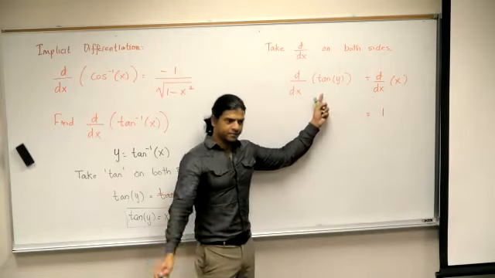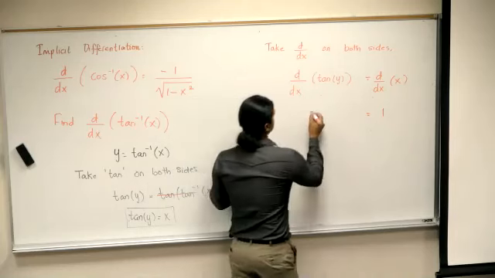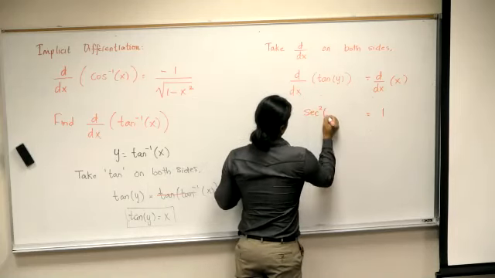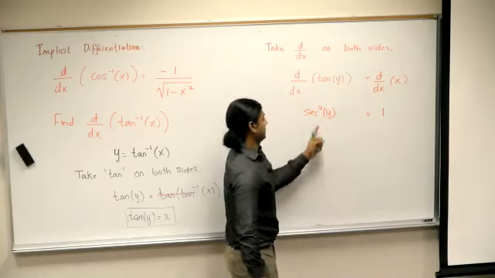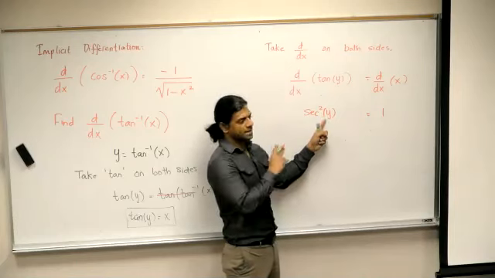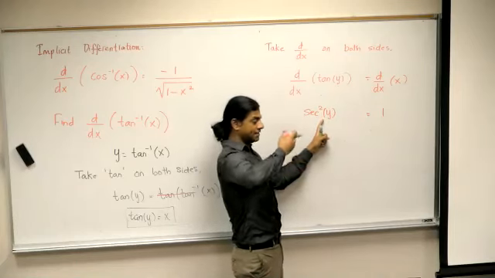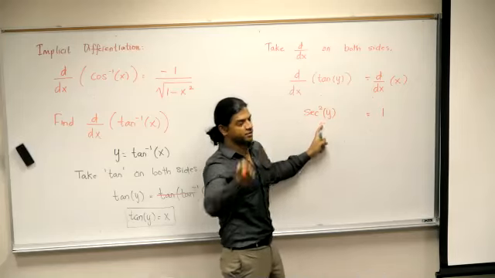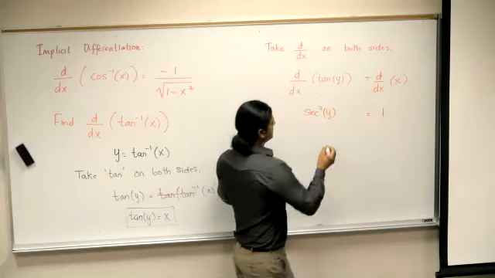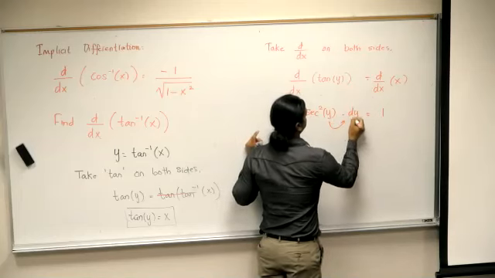We know the derivative of tangent: what is the derivative of tangent? Secant squared y, but y is a function of x. So anytime we have to take the derivative of a function of x, we use the chain rule. So what is the derivative of y with respect to x?